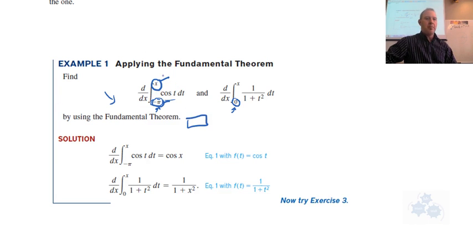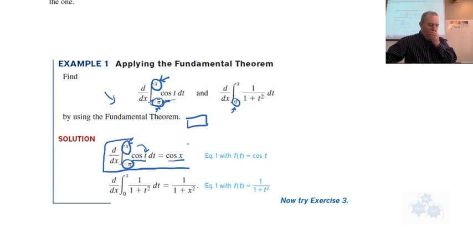But if we don't have a number, just a variable up here, then we can interpret this as, how do I find the derivative of this integral? Well, if this is x, I simply put it into the function in there, and it becomes cos of x. And I can use that to find the definite integral from this constant value to whatever other constant value we may put into it. Okay?